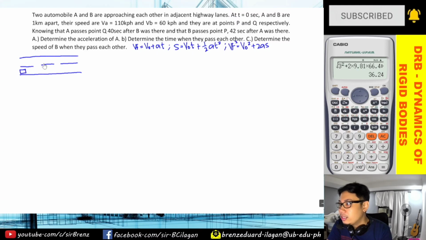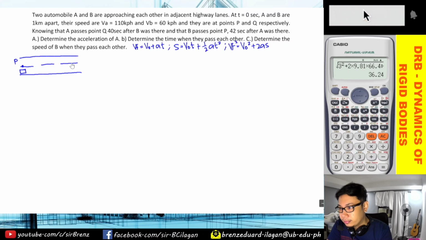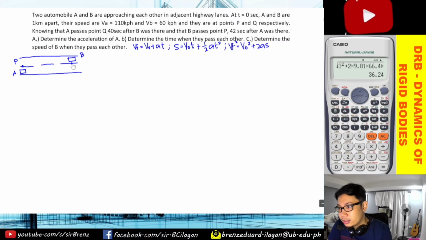So, saan nga nagsimula si car A? So, sa point P siya. So, sukatin na lang natin siya sa gitna. Ayan. And ito, so this will be our car B, which is starting at point Q.